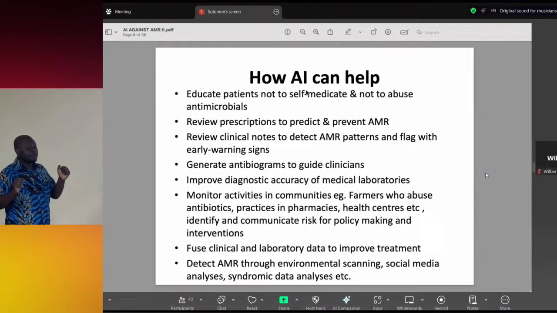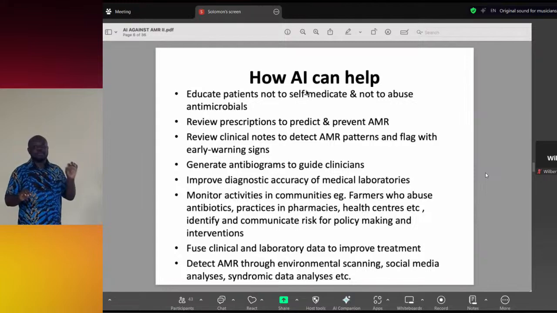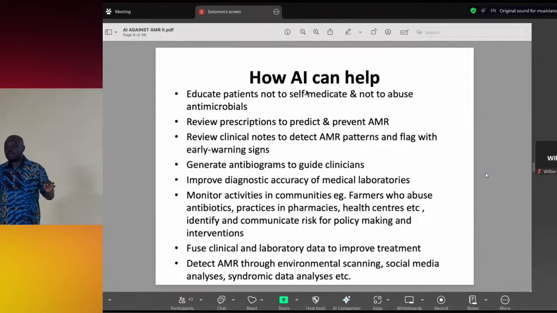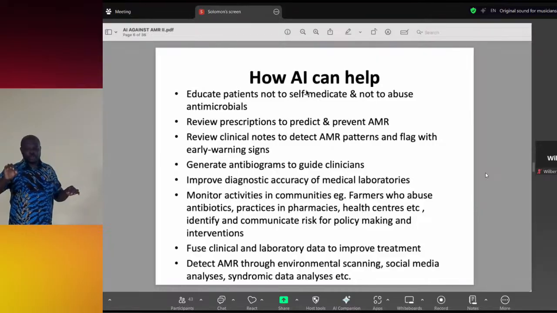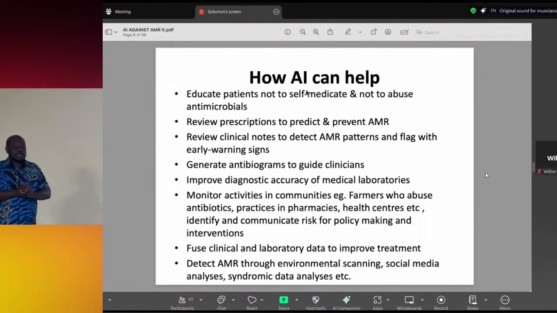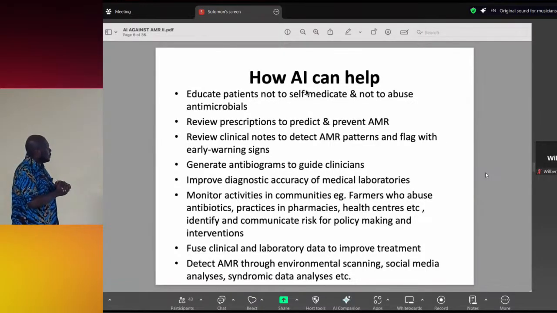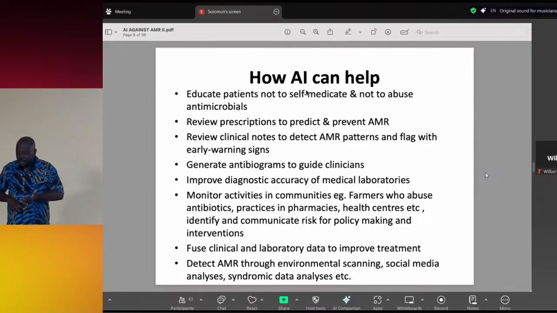But then if we have NLP applications, they can pick up resistance and say, doctor, this patient has been on the ward for the past 2 weeks. He's not responding to XYZ. This pattern points towards a possible resistance, and then it can serve as an early warning sign for you to change. And by so doing, not only are you limiting resistance, but you are improving patient health. You are reducing the time they spend in hospital and improving outcomes.